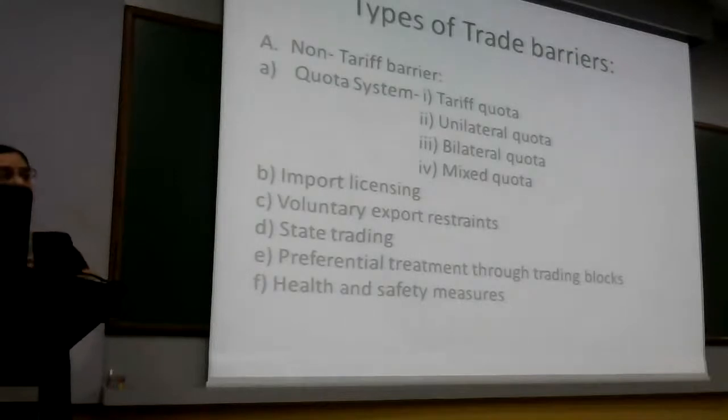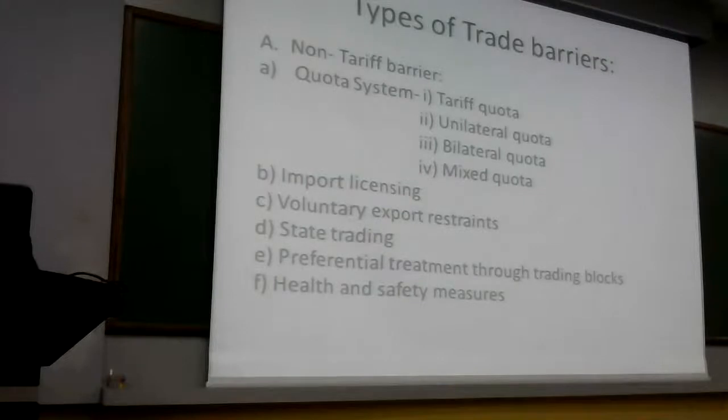For example, I am the manufacturer of this particular remote. Obviously, I need some raw material. It might be possible that I am not getting the raw materials, or the quality raw materials, here. I have to import those raw materials. Fine.